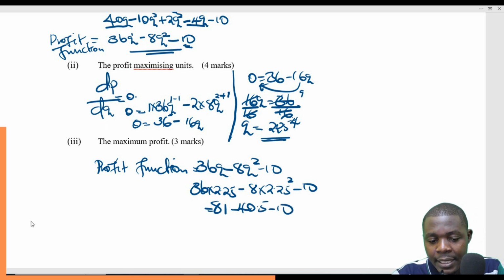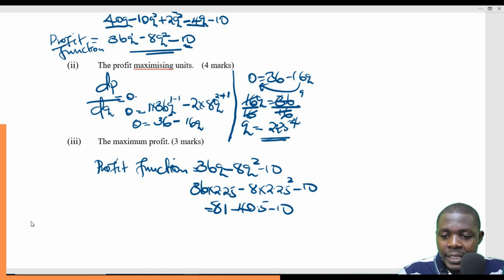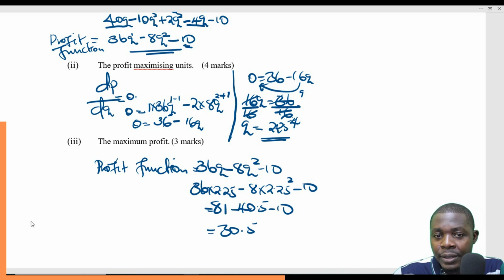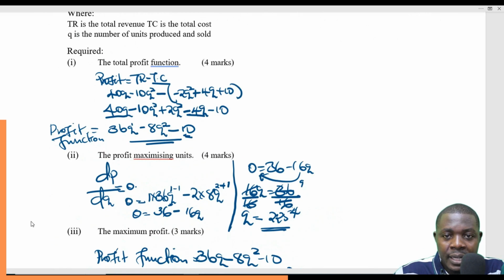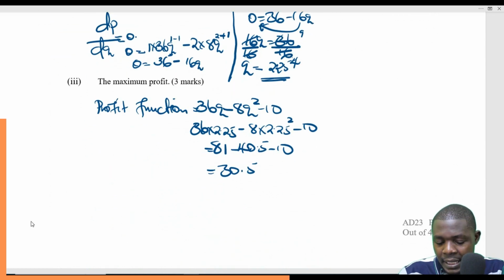In that case, we have 81 minus 40.5 minus 10. You get our answer, 30.5. Let's confirm whether it was in thousands or not. It wasn't in thousands. Therefore, we just present our answer as the maximum profit.